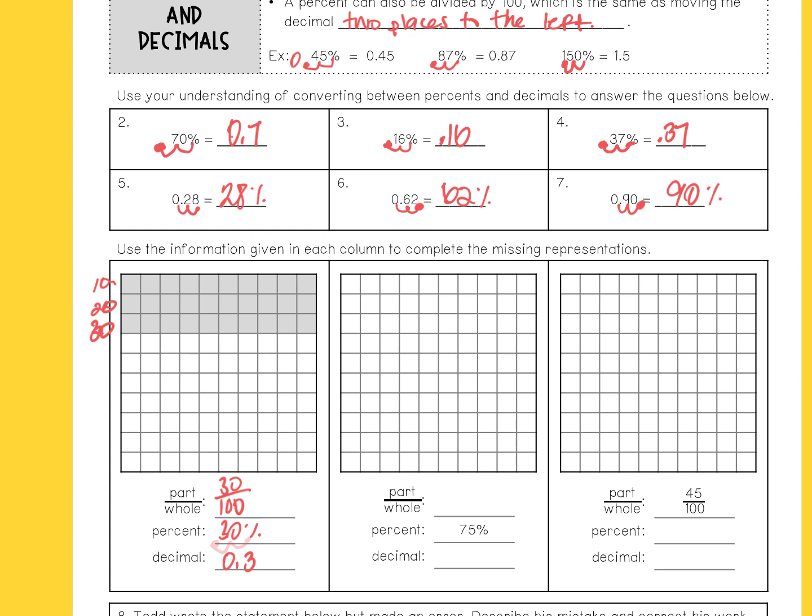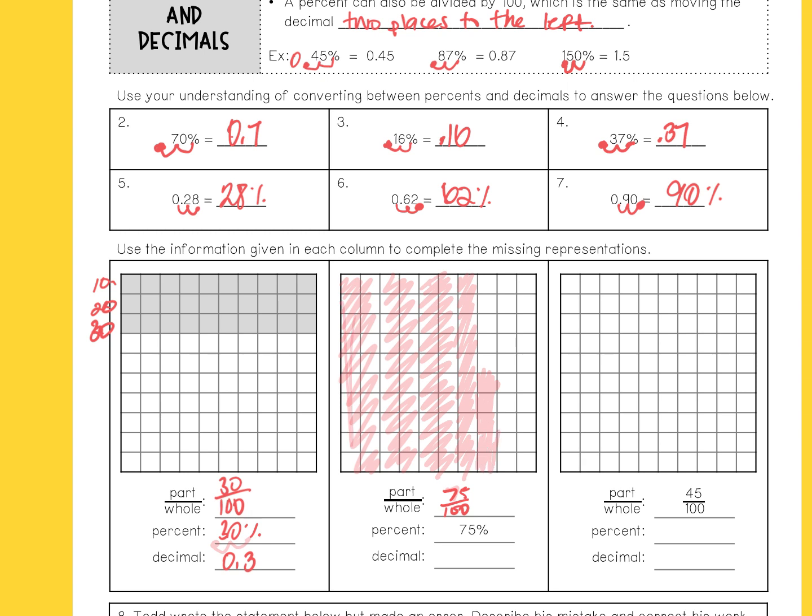Now number 2, I have 75%. So I know 75% is going to be 75 out of 100. I will need to shade 75 squares. So 2 rows is 20, 4 rows is 40, 6 rows is 60, plus 10 more is 70, plus 5 more is 75.